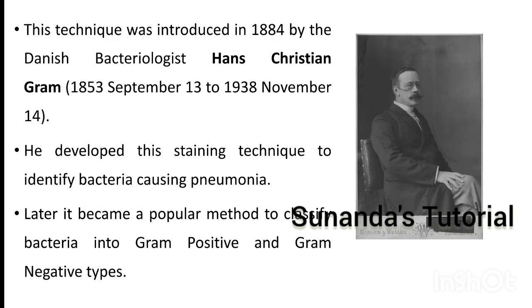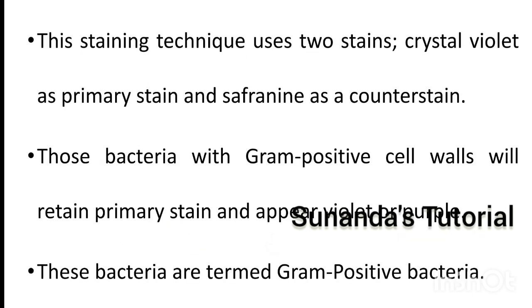But the bacteria with a gram negative cell wall cannot retain the primary stain, and they will take the safranin or the counter stain, and finally at the end of the process they will appear pink or reddish pink.